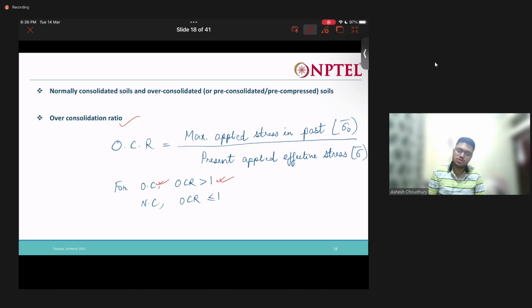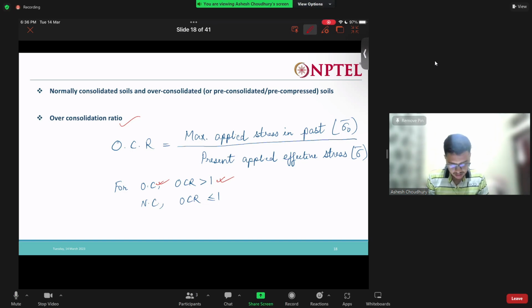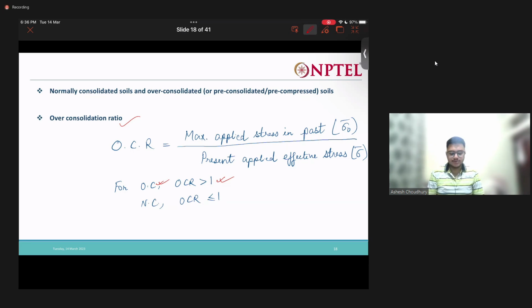Before it was 100 kPa, now also it is 100 kPa. 100 kPa is the maximum that it has encountered in its life, so that will be my normally consolidated soil. Or why less than 1?